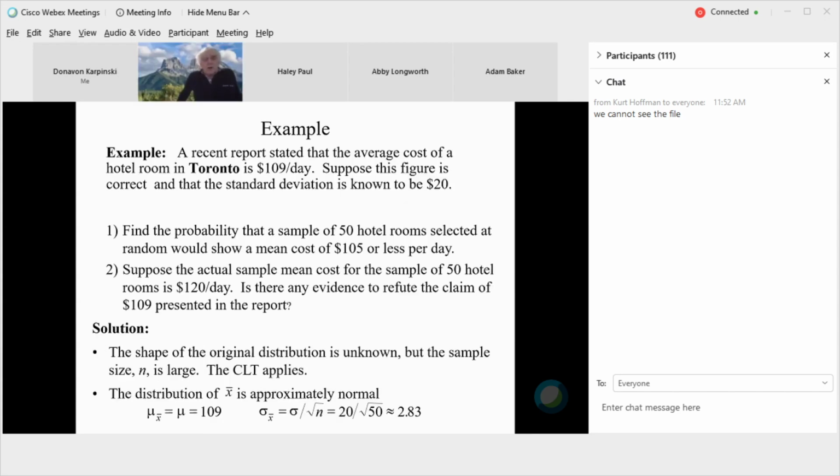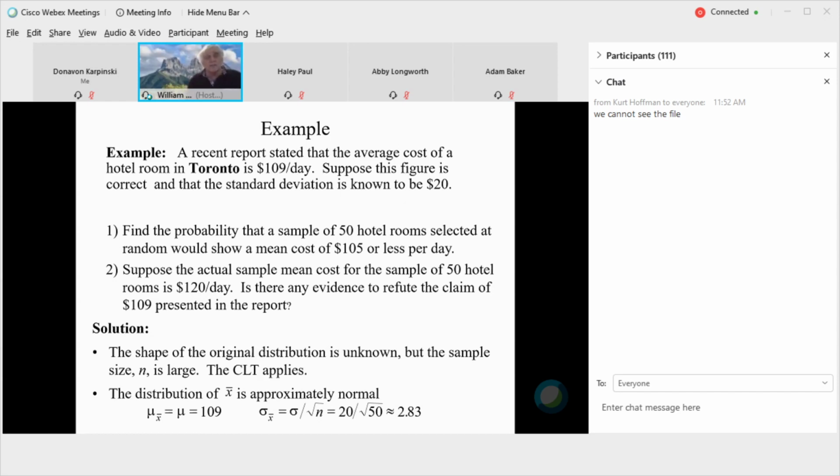Now, suppose in this example the random variable is the price of a hotel room in Toronto chosen at random. Likely the price of a hotel room comes from a positively skewed distribution.